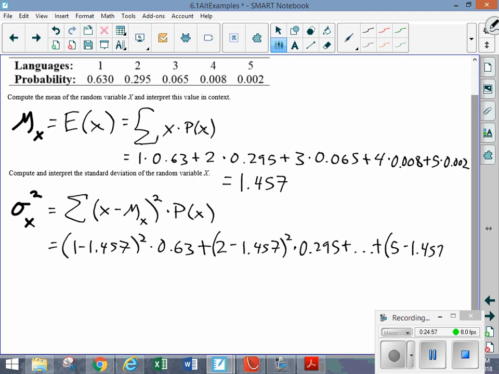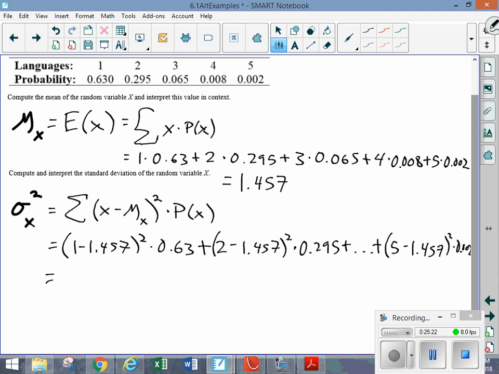So 1.457 squared times 0.002. I'm sorry, that got really small. So I'm going to let my calculator do this for me. I actually probably didn't need to put this second one in there, but it's just better to show that that's the pattern that I'm going off of, so I can skip it.